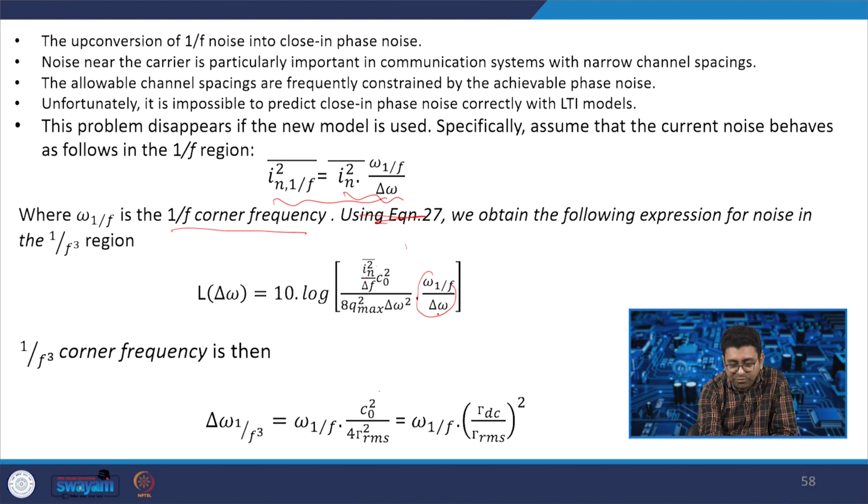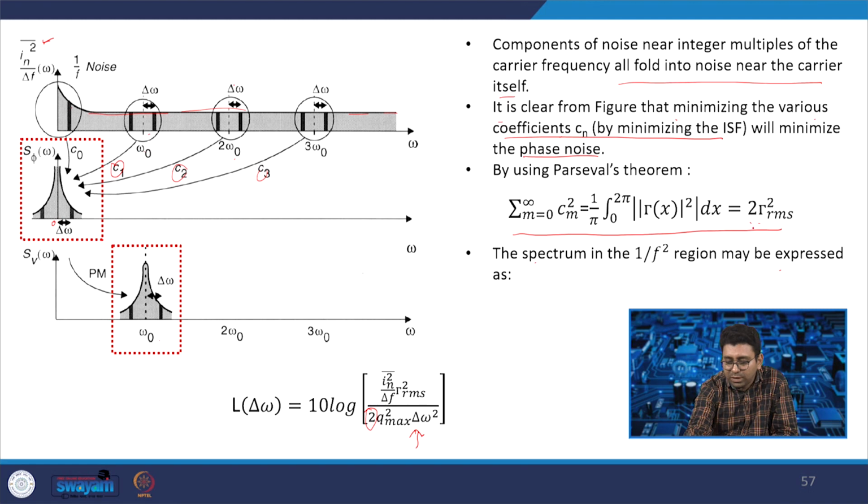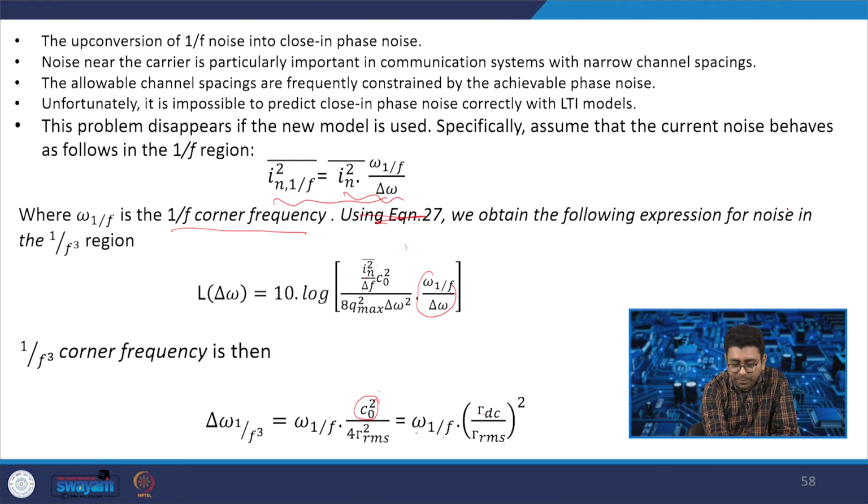This term is in the denominator, and c naught square is nothing but the DC quantity, so that can be written as omega 1 by f times gamma DC by gamma RMS, whole square, because c naught square we can directly write as gamma DC square. And this will provide the insight into how you can improve it.